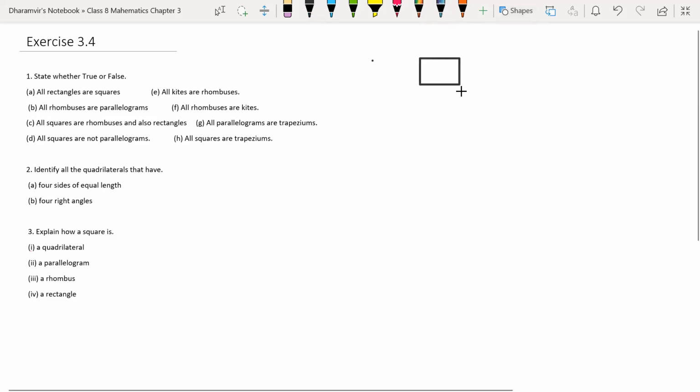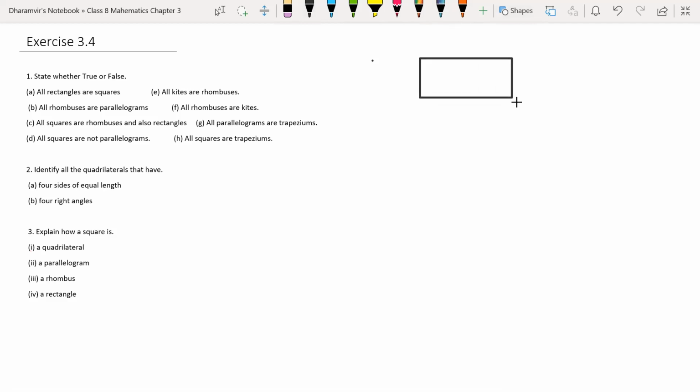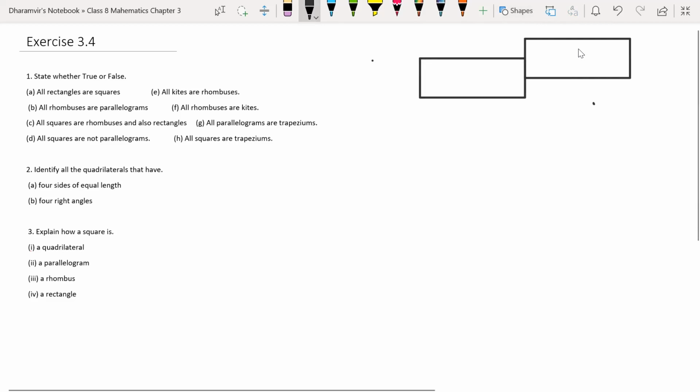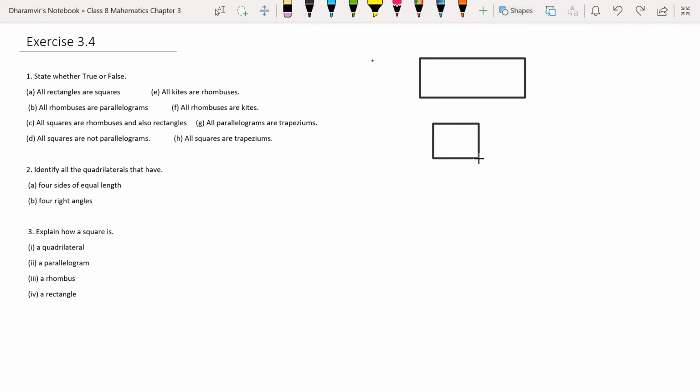This is a rectangle, and this one is a square.